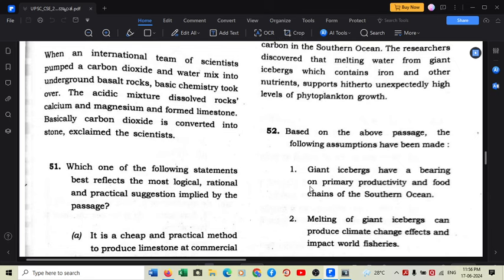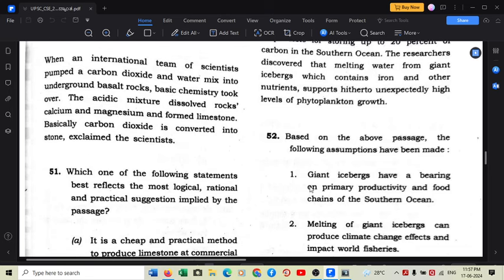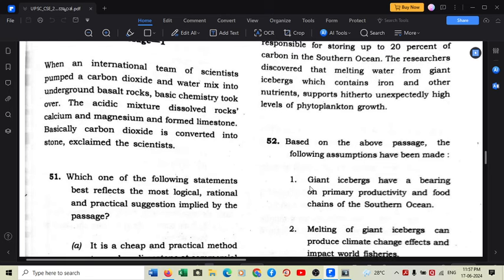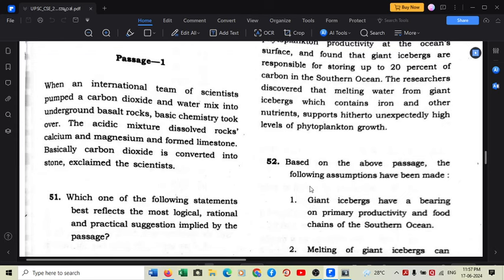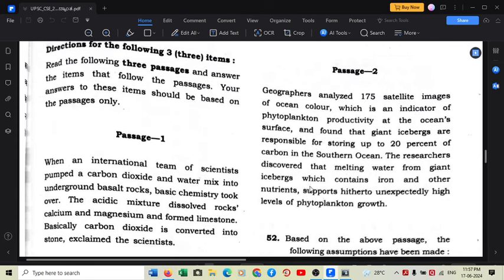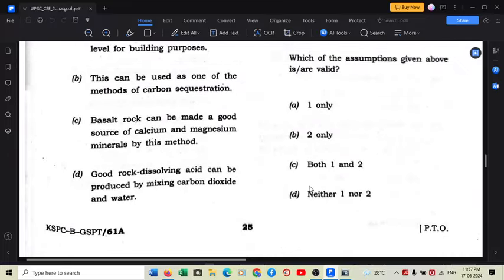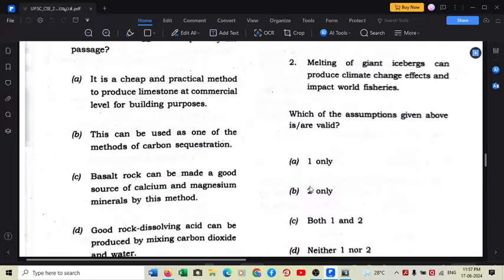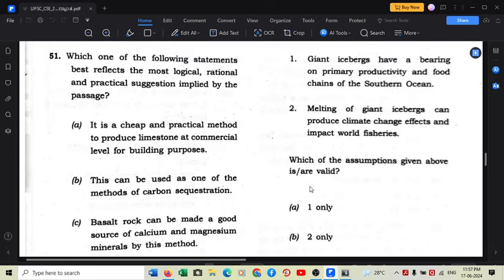Carbon dioxide and water, when inserted into underground basaltic rocks, result in an acidic mixture, which ultimately gives out limestone. So out of A, B, C and D, only D is a correct statement, which is a practical and most logical suggestion implied by the passage, right? So for question number 51, the correct answer is D.